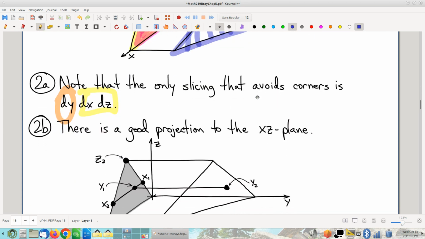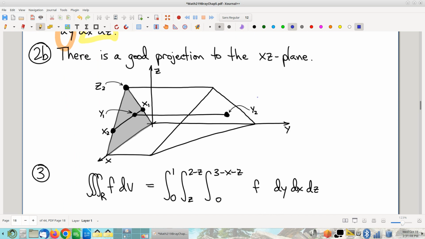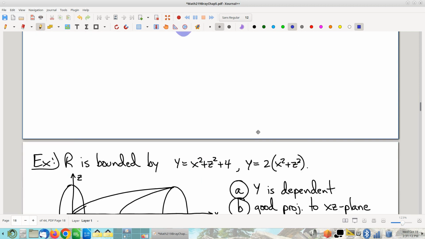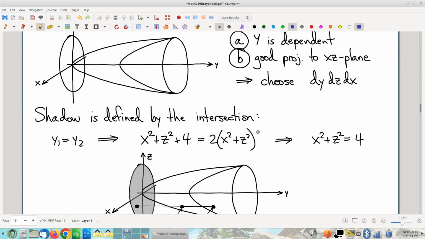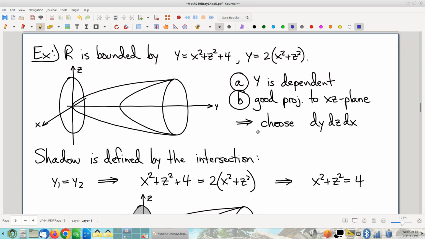Okay, good exercise to fill in the blanks here. Make sure you're comfortable with this order of the differentials. There is one last example here that we just don't have time for, I'm sorry to say. I'm just going to point out that this one, it's really bad to do slicings of this. This solid here is very weird and ugly and hard to draw.